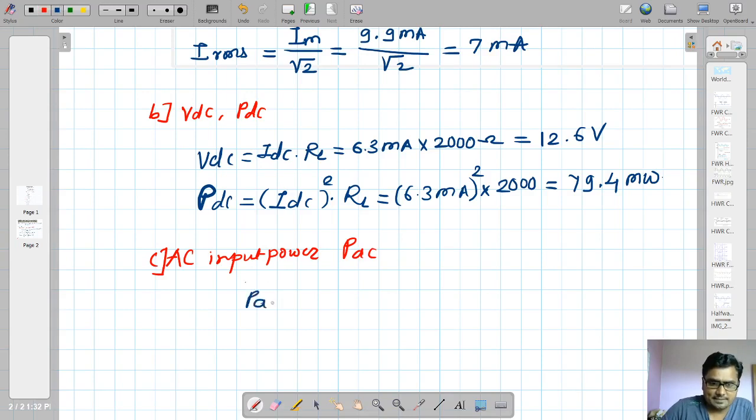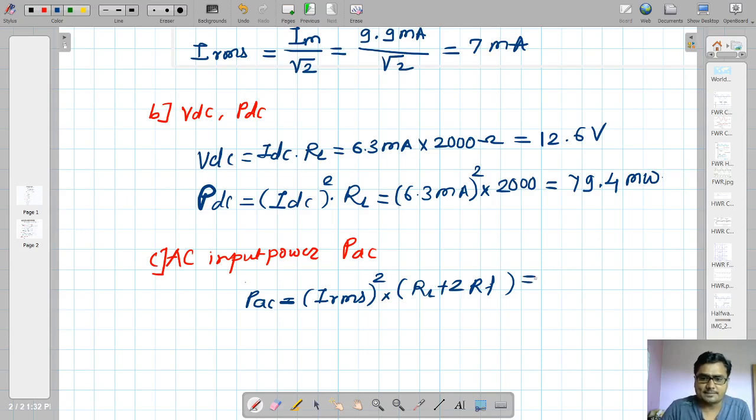PAC is obviously IRMS square multiplied by RL plus twice of RF. Now see, it's not only RF, it is twice of RF.